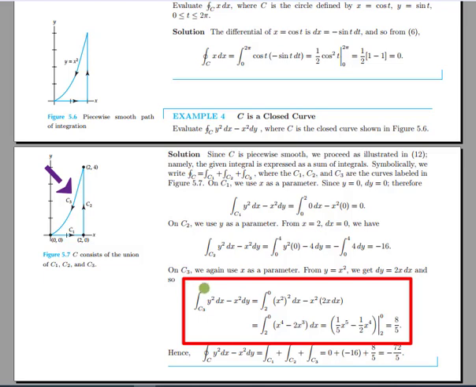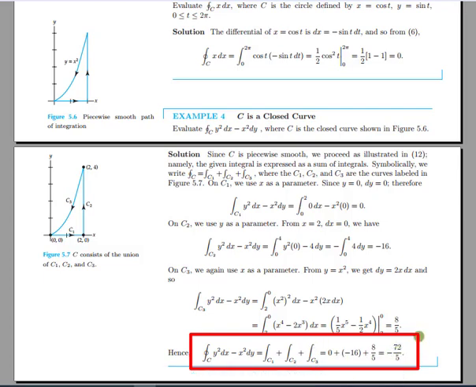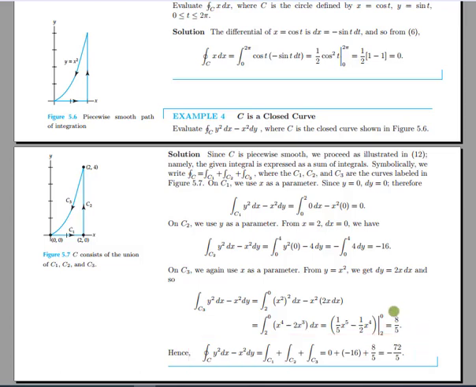The integral over C3 of y square dx minus x square dy equals the integral with x from 2 to 0 of (x square) whole square dx minus x square times 2x dx. It will give the answer 8/5. Hence, the integral over the whole contour is the integral over C1 plus the integral over C2 plus the integral over C3, and this will be equal to minus 72/5. Thank you very much.